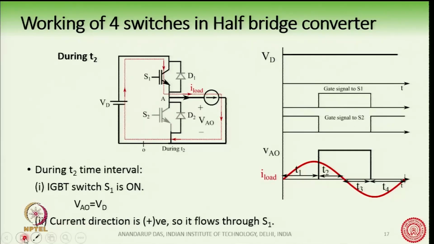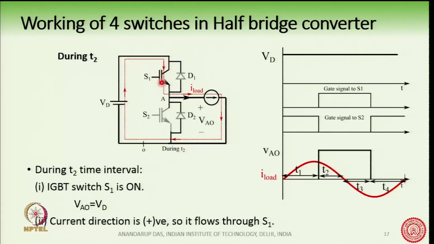Now, let us take the second interval T2 here. During the time interval T2, we see that we have given the gate pulse to S1 while the current is still positive. If this is the case, then we have given the gate signal to S1. So, which means either S1 or D1 will be on, and since the current direction is positive, therefore, the IGBT here must conduct, because this is the path of the current.